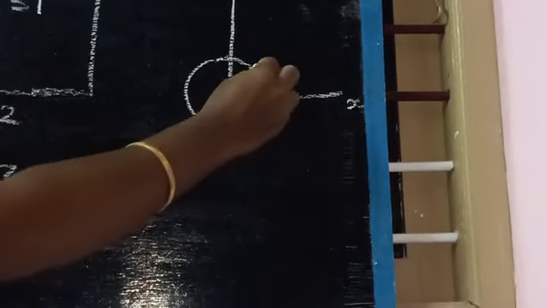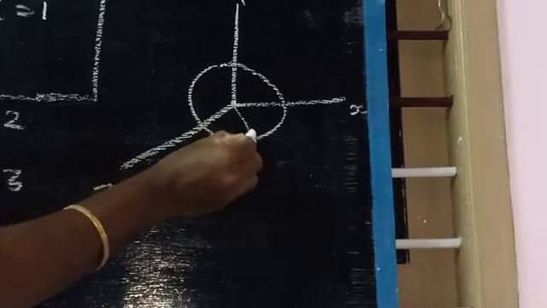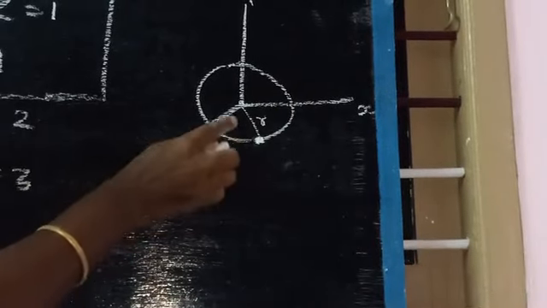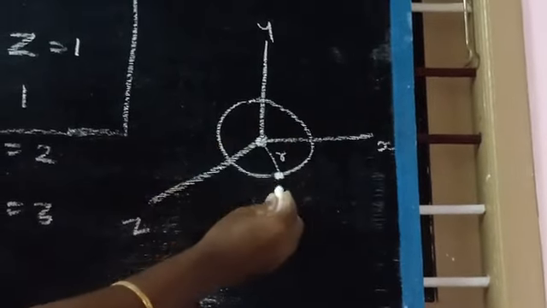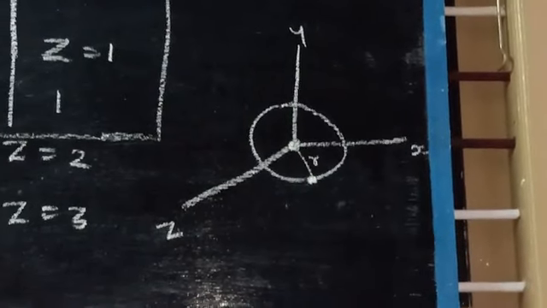Now the electron is present here. To find the distance between the nucleus and the electron, the first coordinate is r.